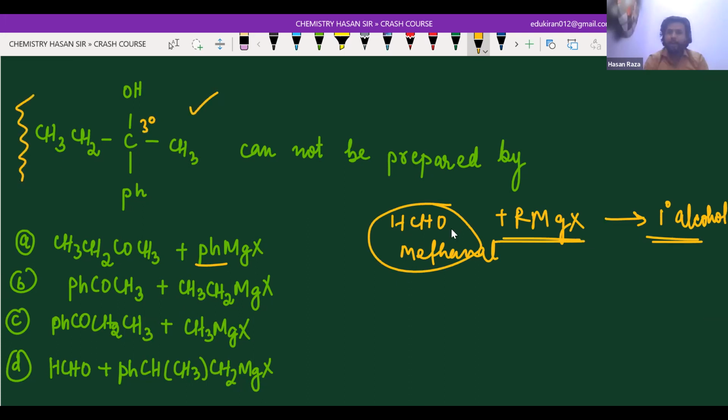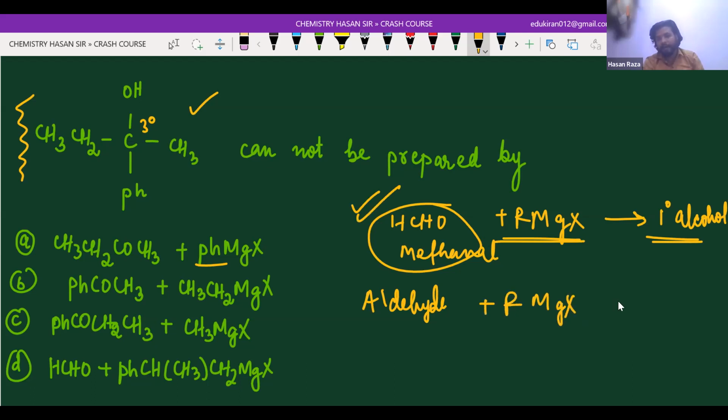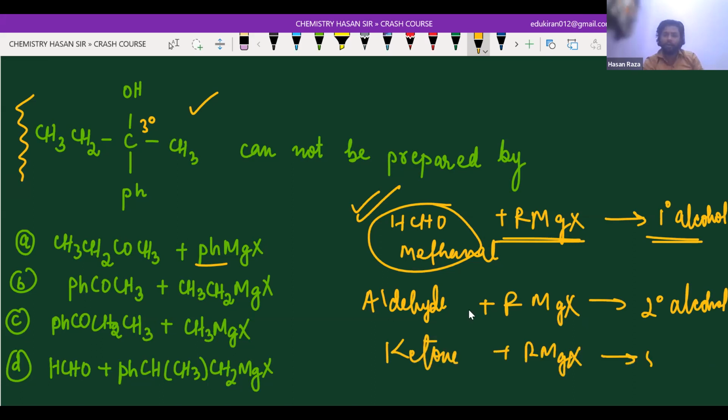3 degree. And I also told you that when you are going to react any aldehyde except methanal with Grignard reagent, you will be getting 2 degree alcohol. And when you are going to react any ketone with any RMgX, you will be getting 3 degree alcohol. So if this is your 3 degree alcohol, in the first you can see this is your ketone.